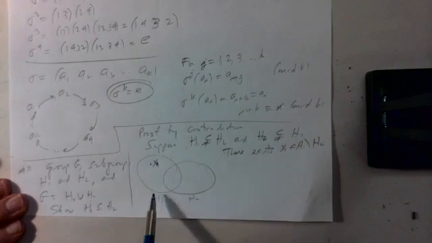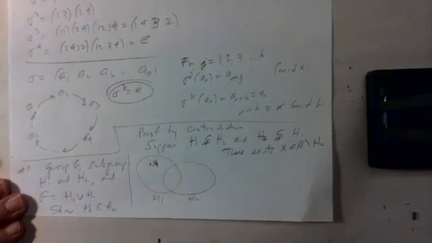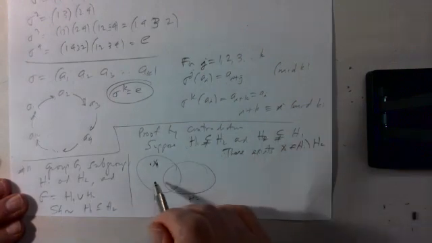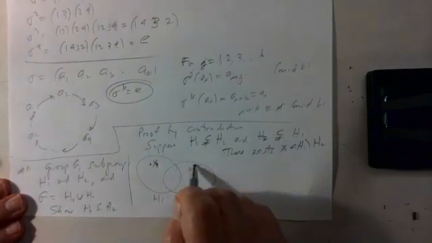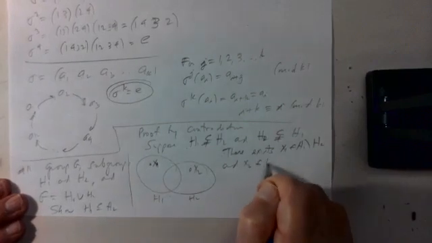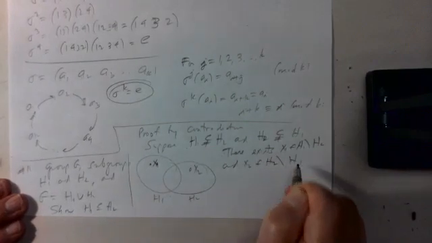Otherwise, every element of H1 would be in H2, and H1 would be a subset of H2. Similarly, if H2 is not contained in H1, there's an element X2 which is in H2, but not in H1.